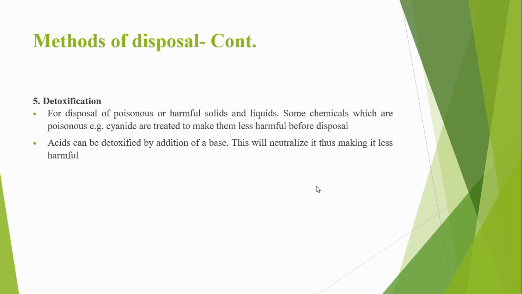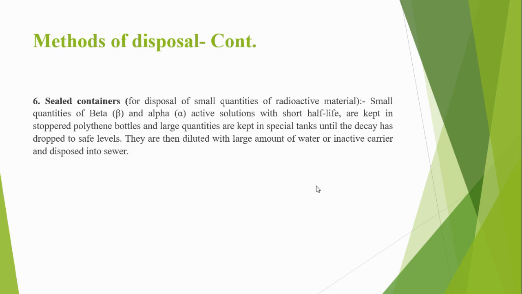Detoxification is used for disposing of poisonous waste. For example, harmful liquids and solid things like acids or cyanides. They need to be detoxified before they are disposed of. Then we have sealed containers.